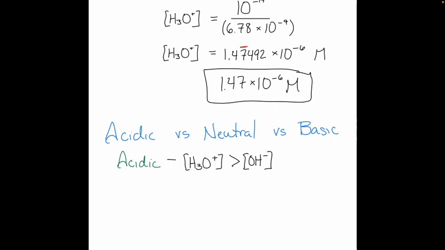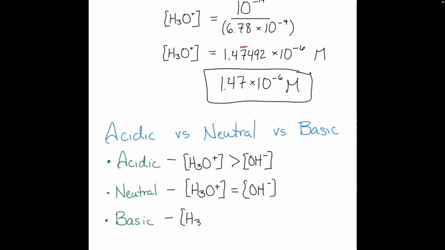A solution is considered neutral if these two are equal to one another: hydronium ion concentration equals hydroxide ion concentration. And then a solution is considered to be basic if the concentration of hydronium is less than the concentration of hydroxide.